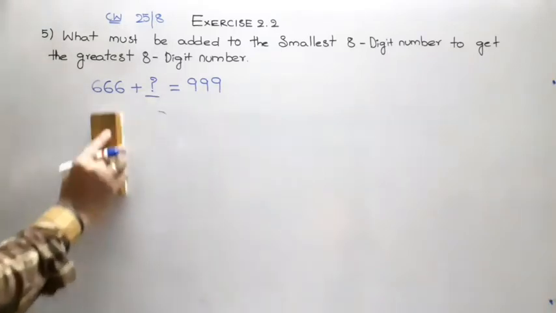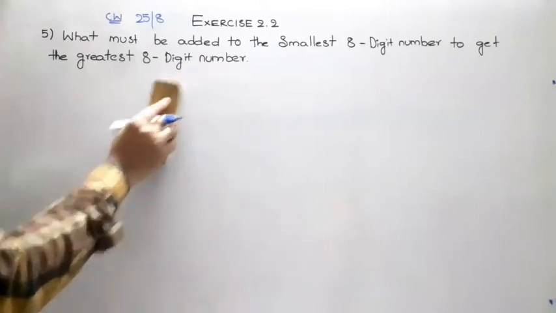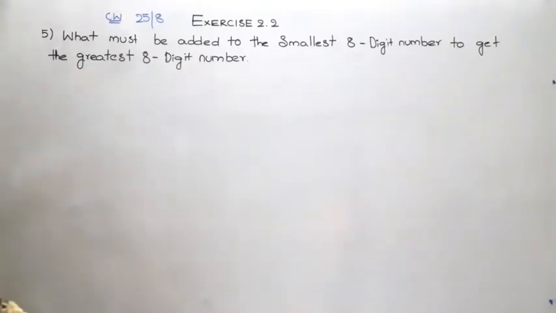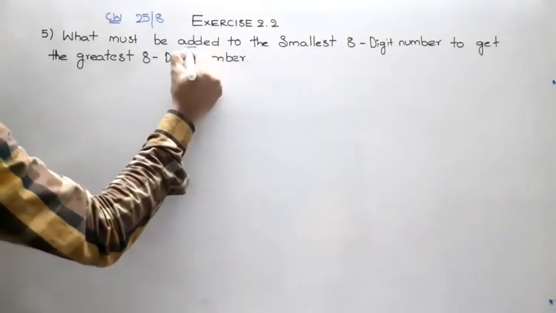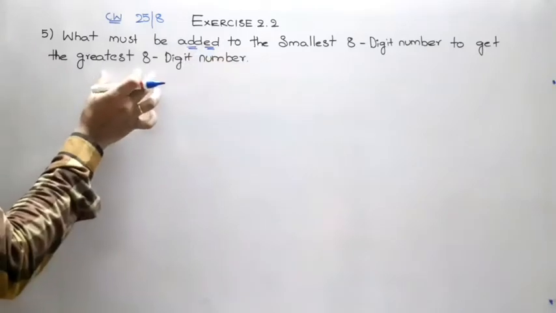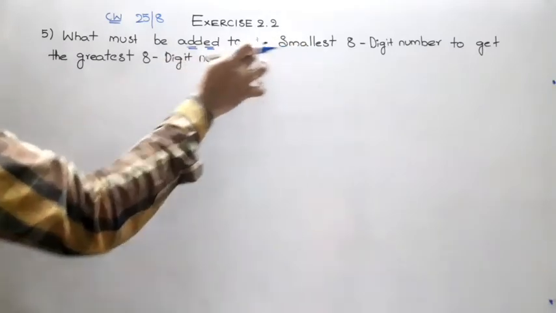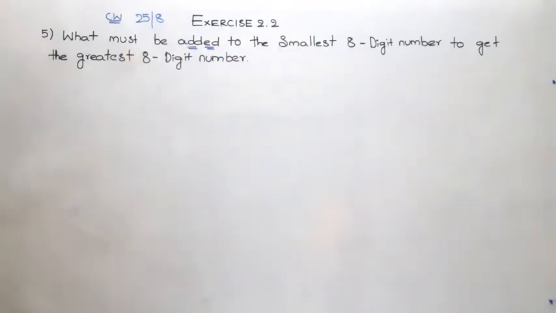So let us make a brief note of this. That means whenever we want to find that unknown number that is to be added, we have to subtract the smallest from the greatest.